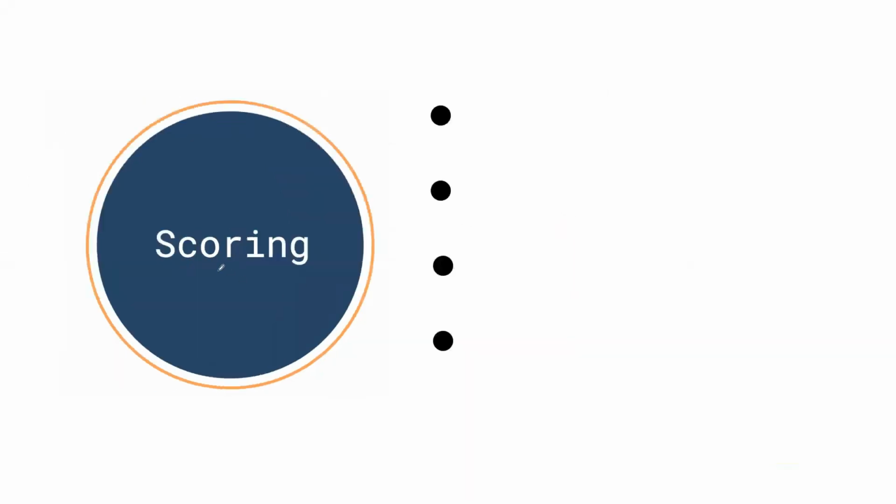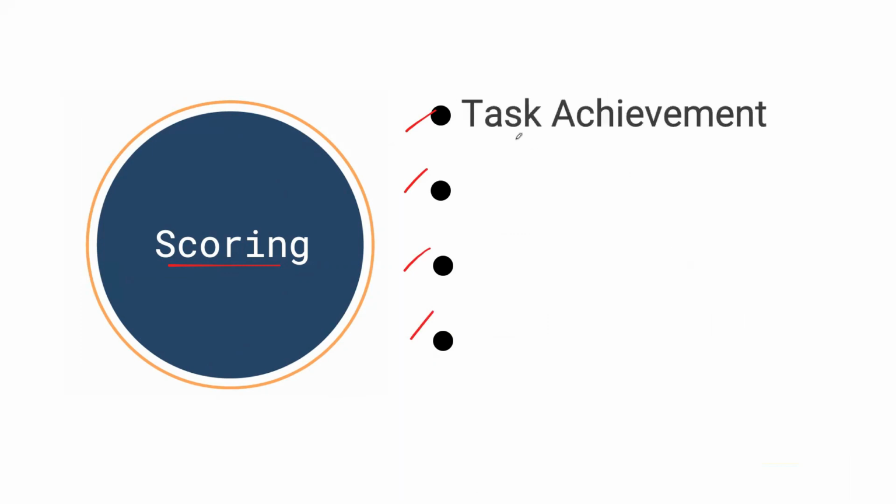Before we start writing, though, I want you to keep the scoring in mind, because keeping the scoring in mind as you write will really help you make sure that you are ticking all of these boxes. So the first thing is task achievement. This means that you can accurately write about the information presented, and you can do so in a minimum of 150 words and make relevant comparisons and highlight specific details.